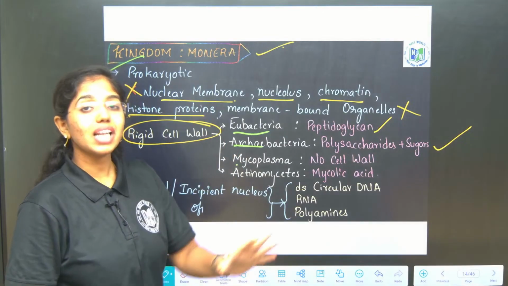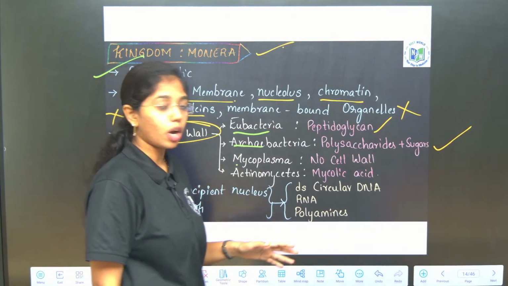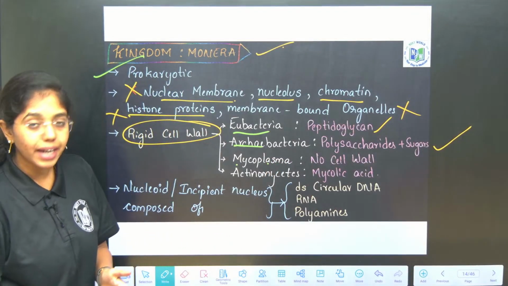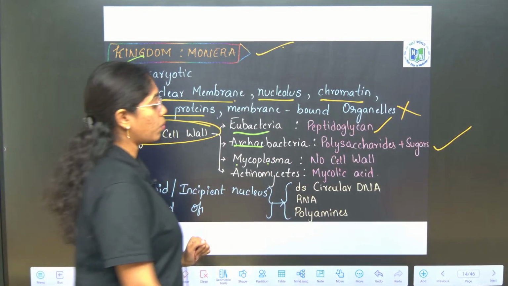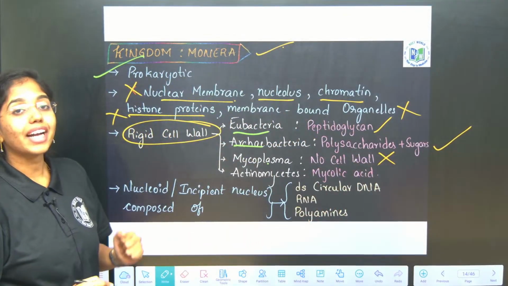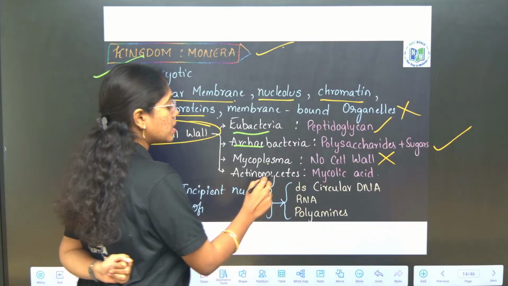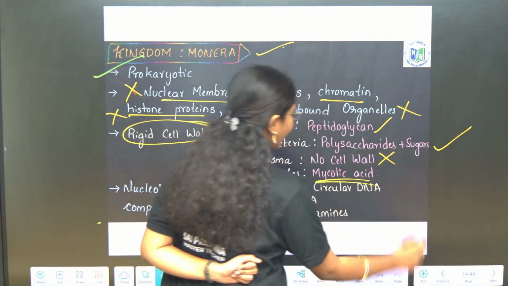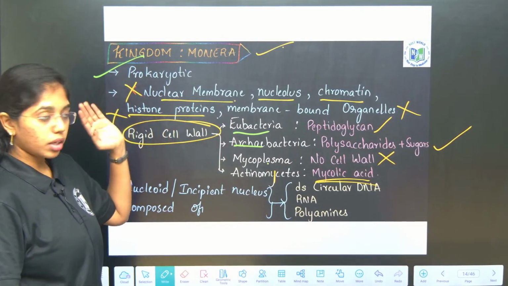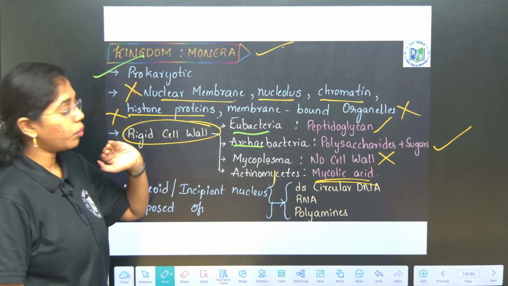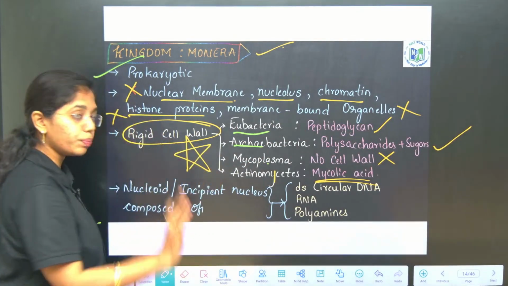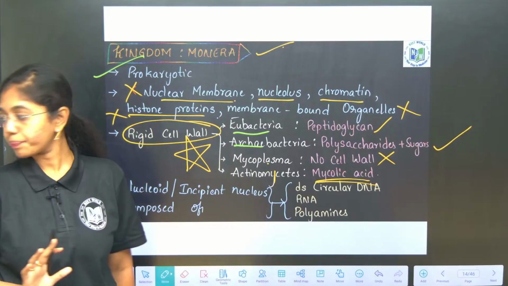Mycoplasma are the smallest living cells, also called jokers of the plant kingdom, and they have no cell wall. Next is actinomycetes, whose cell wall composition includes mycolic acid. These are the classes under the kingdom Monera and their cell wall composition. Important to be noted and remembered.